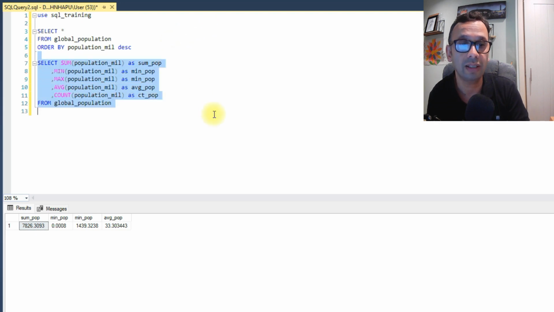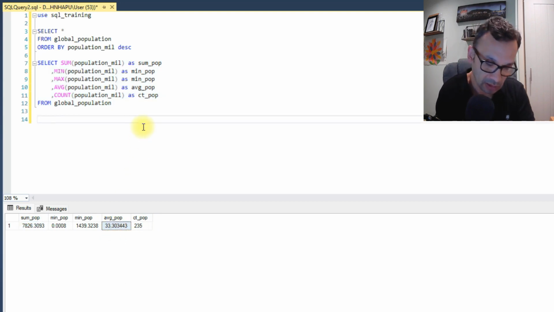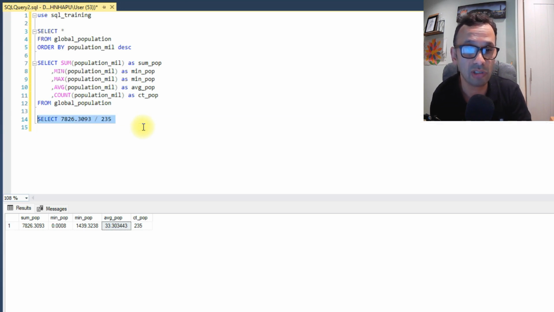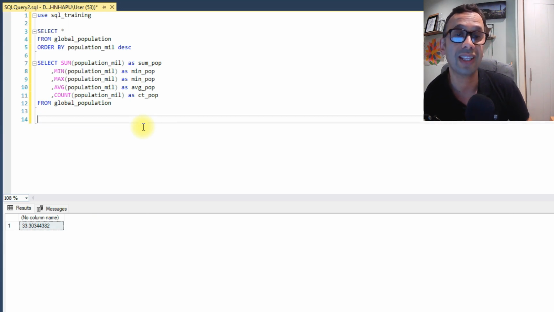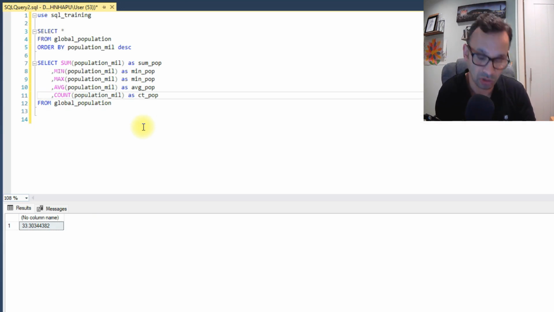So now there are 235 rows in that table. The total of that is 7,826. So if you divided 7,826 by 235, you'd get 33.3. Should we try it? Select 7,826.3093 divided by 235. We're looking for 33.303. So that's your mean average.